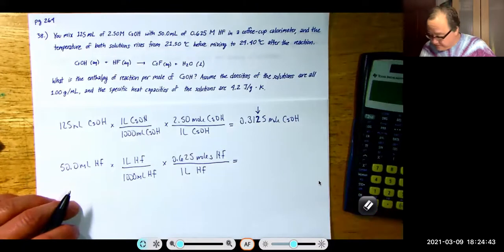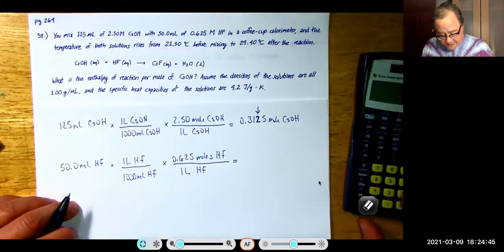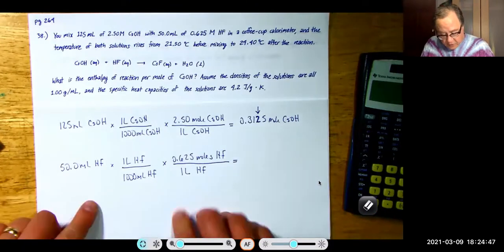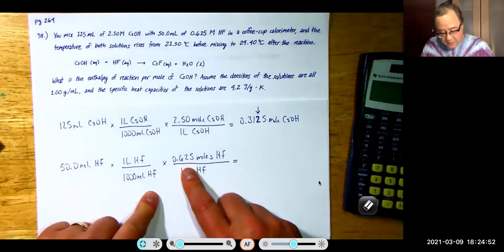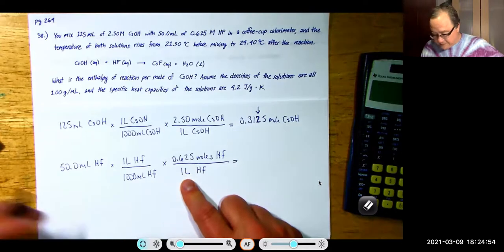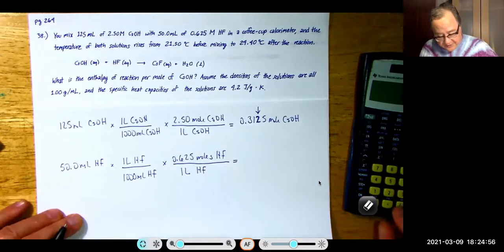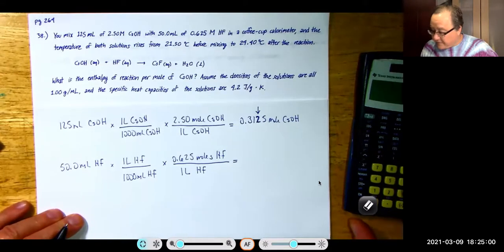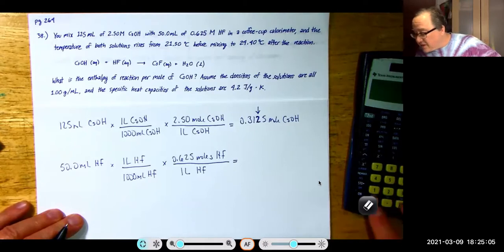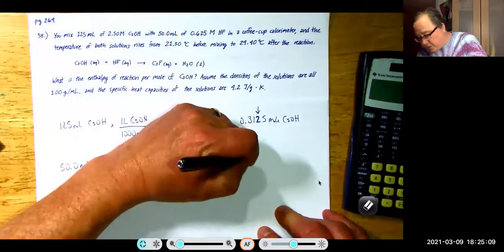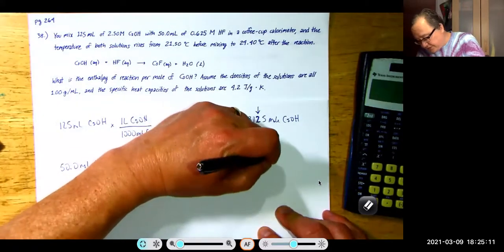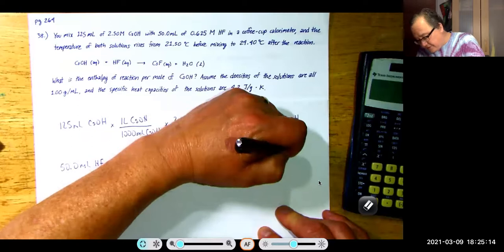Let me try this again. And how did I estimate this incorrectly? 34, oh, I said 34 divided by 1,000 is like 0.034. So let me try this again. 50 times 0.625 divided by 1,000. And I get 0.03125 moles of HF.